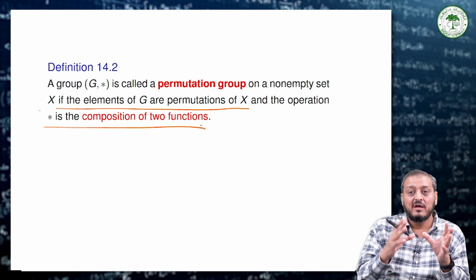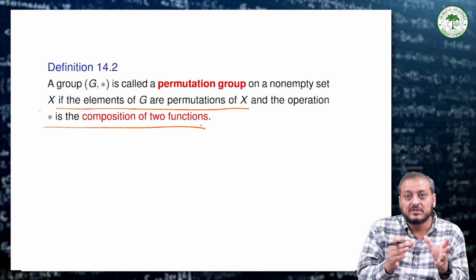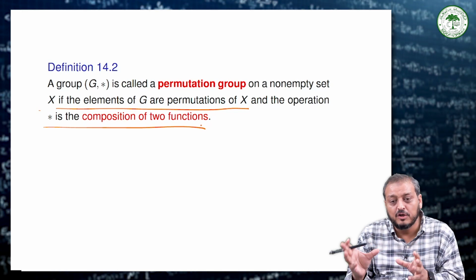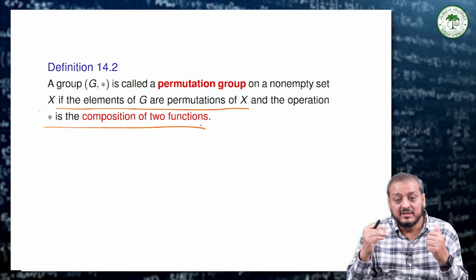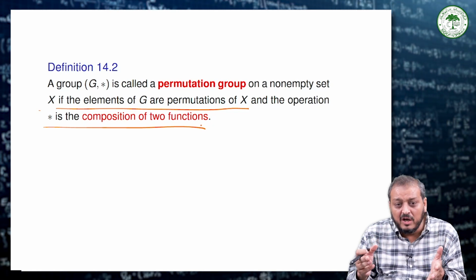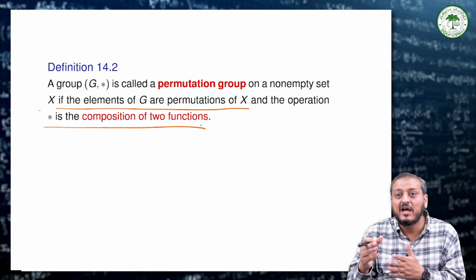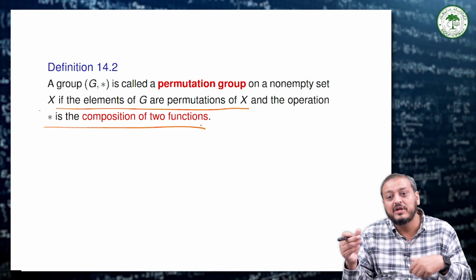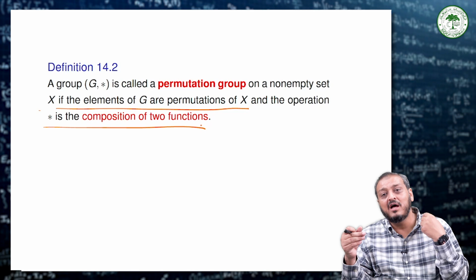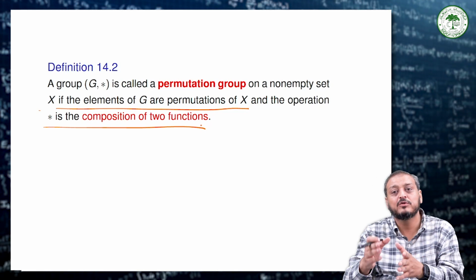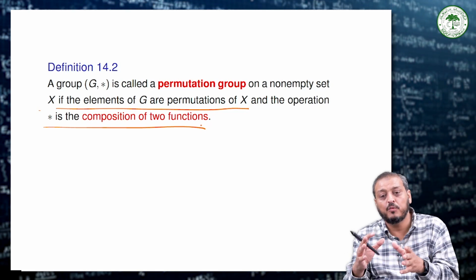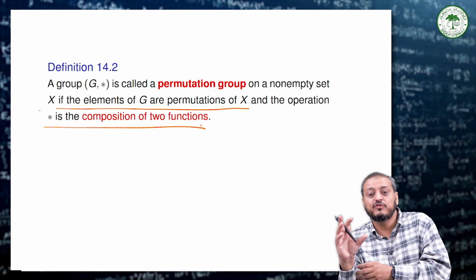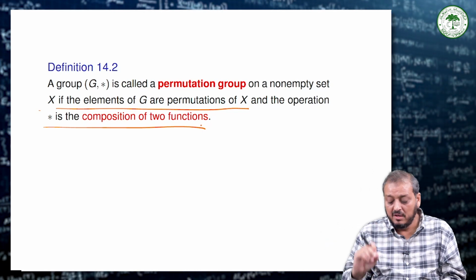So, we take the binary operation as the composition of 2 functions. G equipped with the composition of 2 functions is called a permutation group.